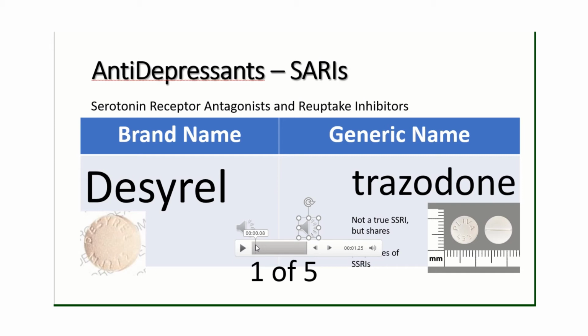They're serotonin receptor antagonists and reuptake inhibitors. They're not a true SSRI, but share many properties of the SSRI. So Desyrel and trazodone are SARI antidepressants.